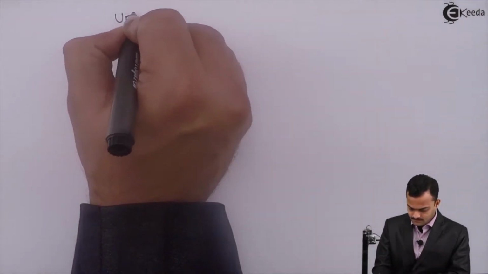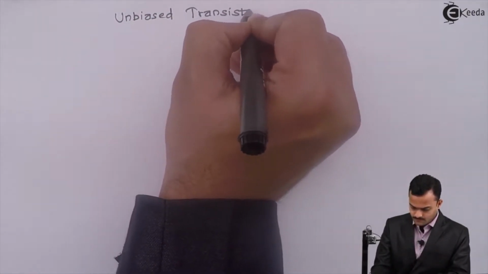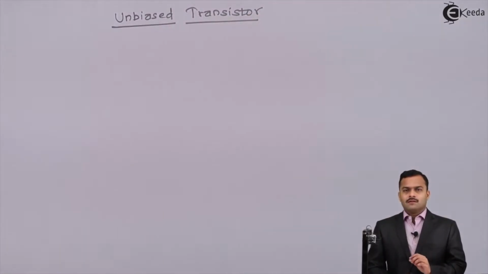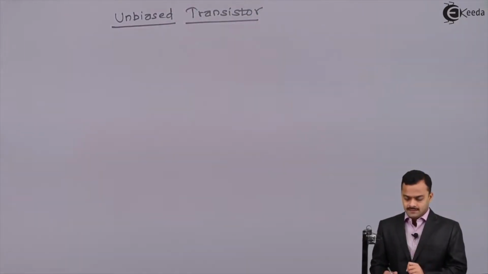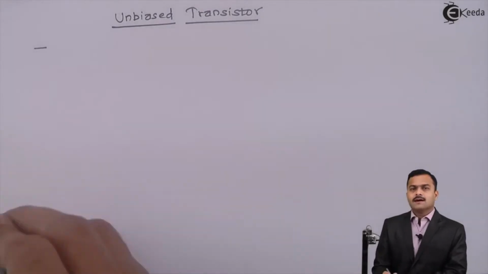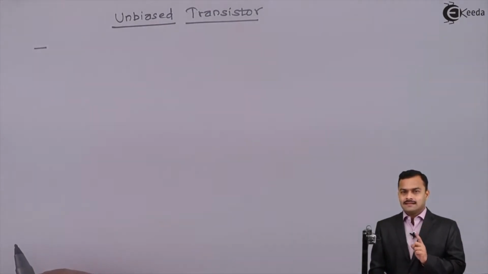Friends, in this video we are going to see what will happen to a transistor when it is unbiased. First of all, let's define what biasing is. Biasing is nothing but applying an external supply.